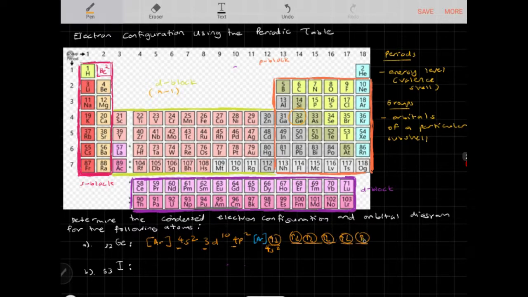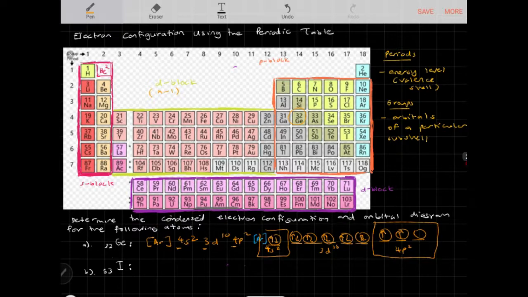But everything here should be spin paired, so this is 3d10, and then you go 4p2, right? So 4p2, you're going to have half fill according to Hund's rule, right? Electrons prefer to be half filled in spin pair. So this is basically what the valence shell will look like. Now, the valence shell is only particular to the 4 energy level, but we're going to include the D subshell just to demonstrate that it is higher in energy than the 4s.